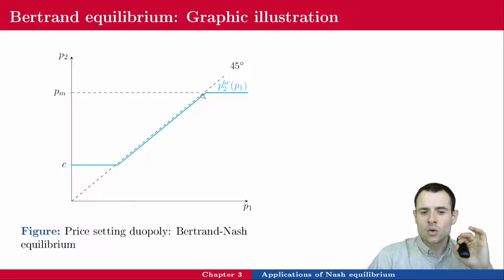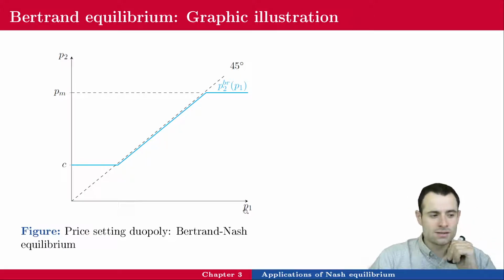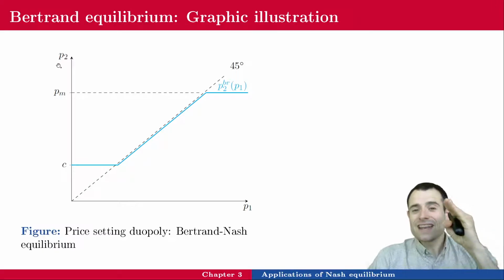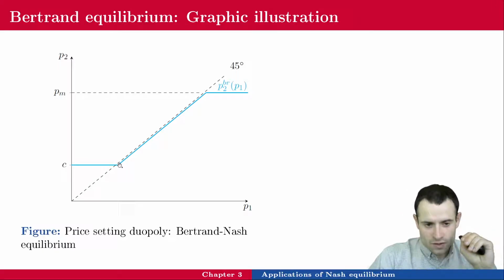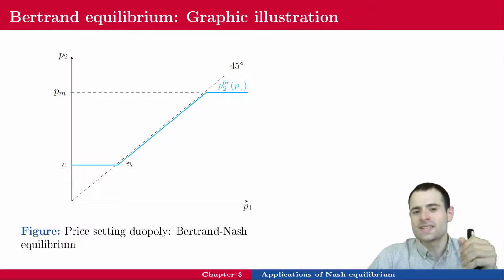Those lines are not overlapping. The 45-degree line is the line where P2 is equal to P1, Y is equal to X. Firm 2 wants to charge a price which is slightly lower. And the tiny difference here between the blue line and the 45-degree line is going to be my epsilon, my 1 cent difference.